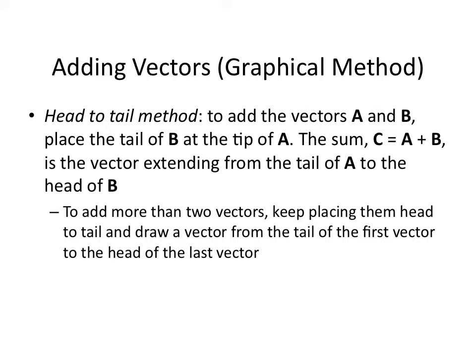So when you think of adding vectors together, let's do red and blue right here. Let's say you have a vector that is 4 meters at, so this is a displacement vector, right? Displacement. 4 meters at east, or we could say at 0 degrees north of east.